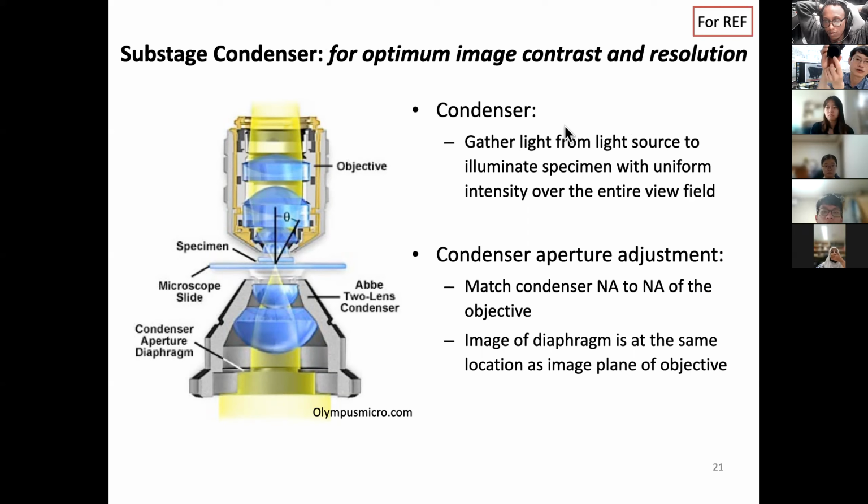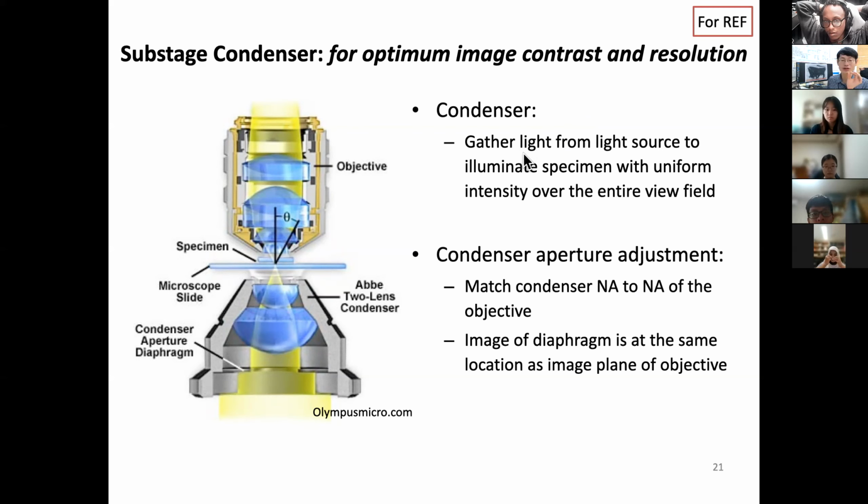And there's a filter over here, which I think is an IR blocking filter. So you have everything ready: objective, specimen, microscope slide, and in this case a two-lens condenser, and you have the aperture diaphragm.